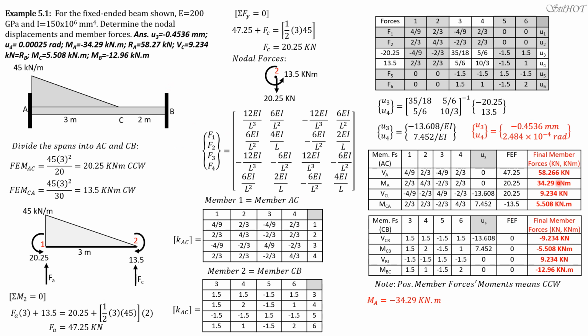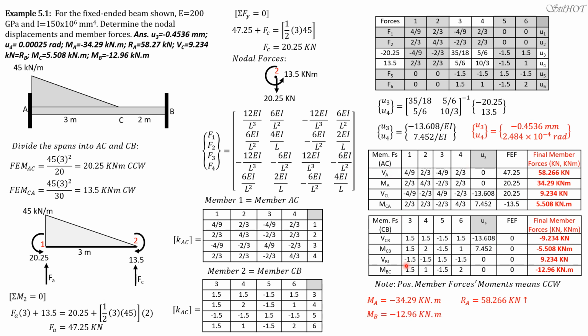So this is the moment at the left. Since this is positive, it is counterclockwise. But the positive moment is expected to be clockwise at the left. Remember? Clockwise at the left and counterclockwise at the right end. Because this is counterclockwise, and we expect clockwise for positive moment at the left end, the moment at A is negative 34.29 kilonewton meters. And RA is 58.266, just equal to the shear at A.